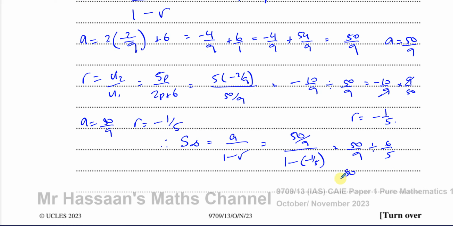So you have 50/9 times 5/6, which gives you 3 and 25. So 25 times 5, which is 125, over 9 times 3, which is 27. So the sum to infinity is 125/27.